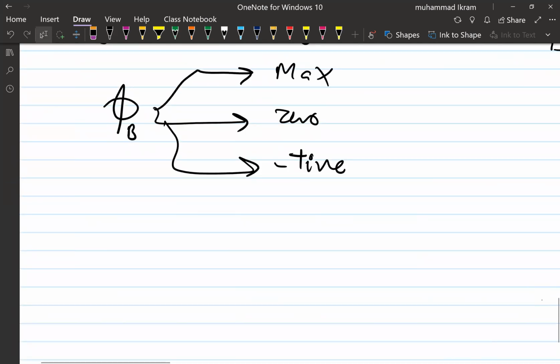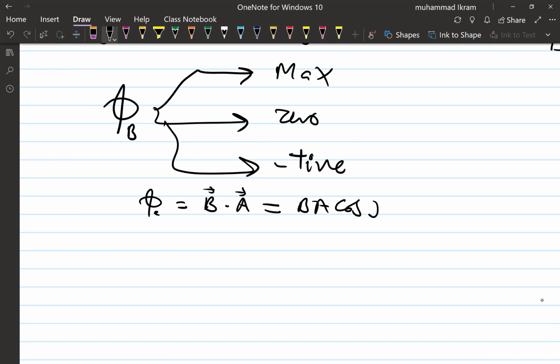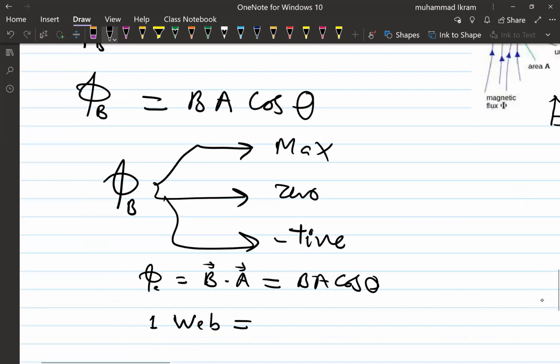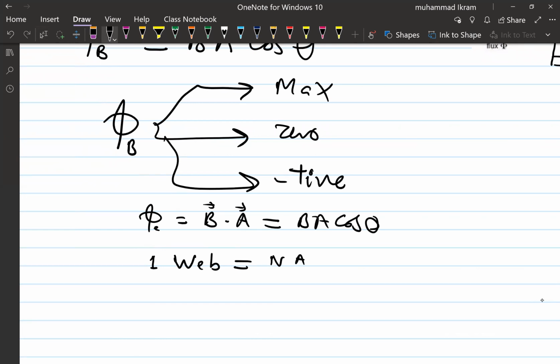The SI unit of the magnetic flux, B dot A, or BA cos theta, is the Weber, such that one Weber equals Tesla times meter squared. One Tesla is Newton per ampere per meter, and the area unit is meter squared. So 1 Weber is in fact Newton meter per ampere.